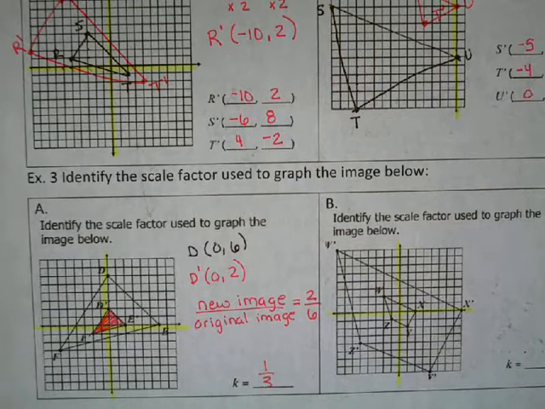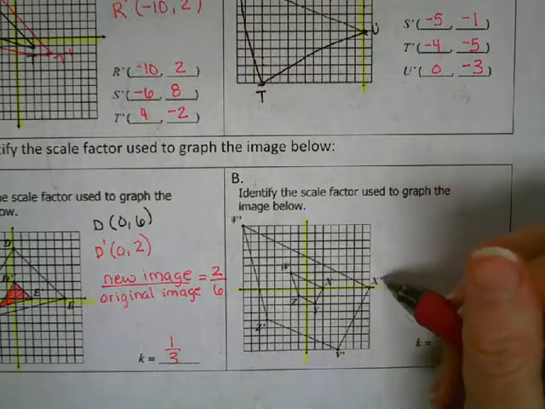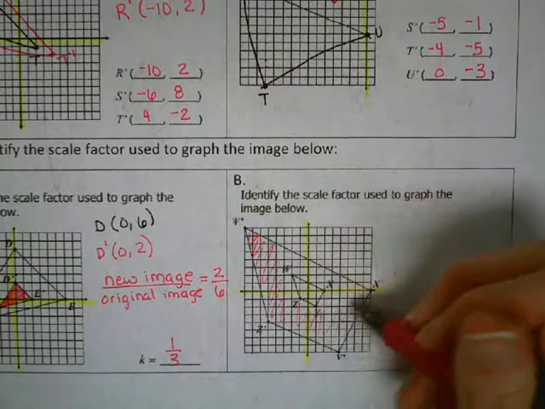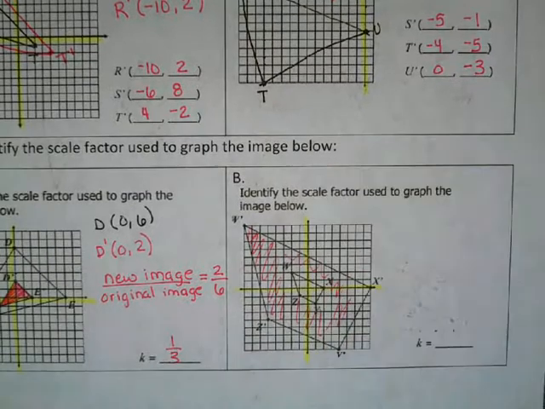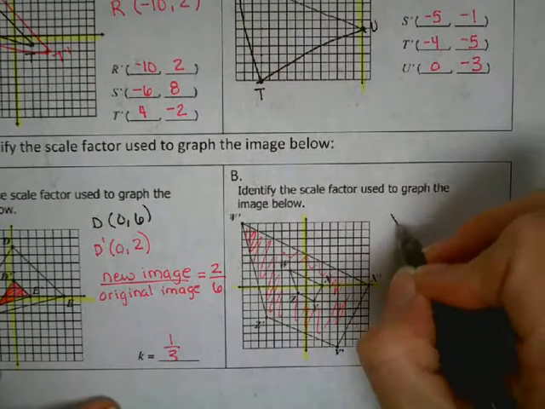Okay, I'm going to do the same thing now. This one, though, these have the apostrophe. So this one here is getting so many times bigger than the little one. So let's just pick a point. Let's use X. X is at 2, 0.